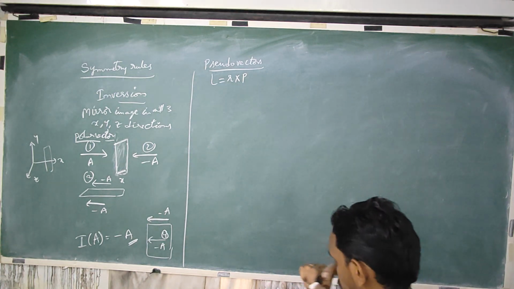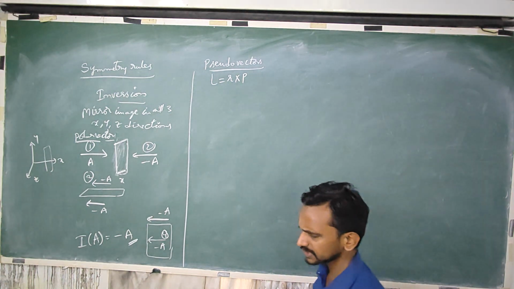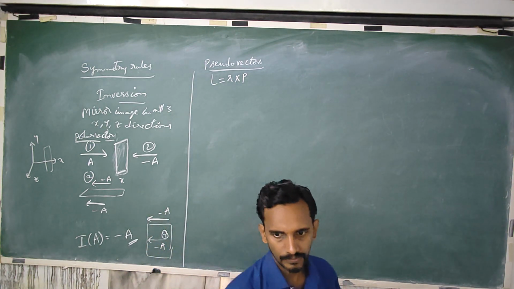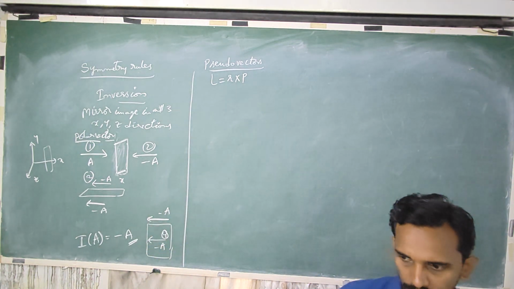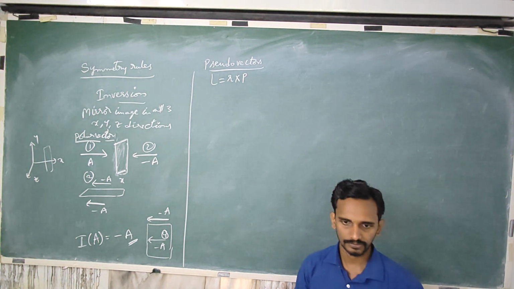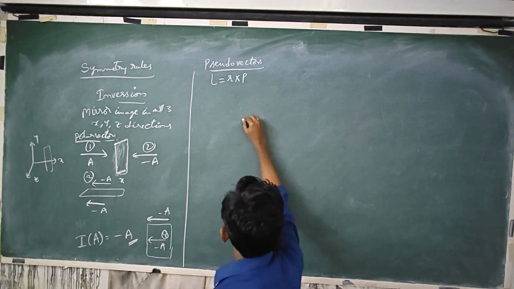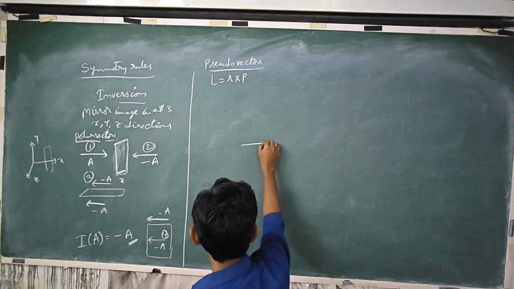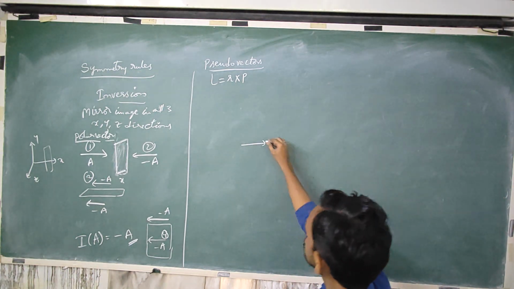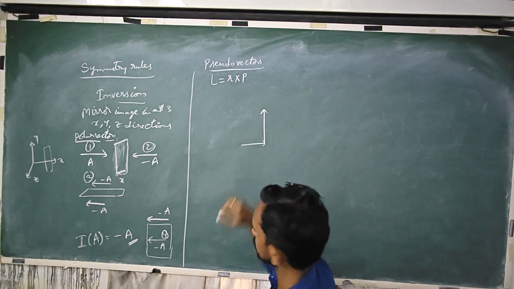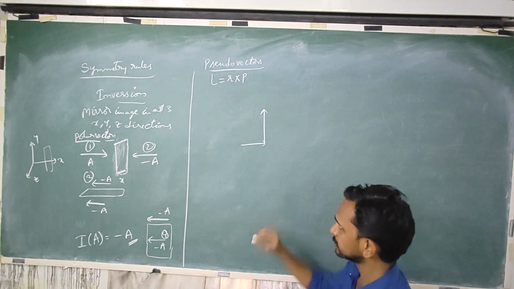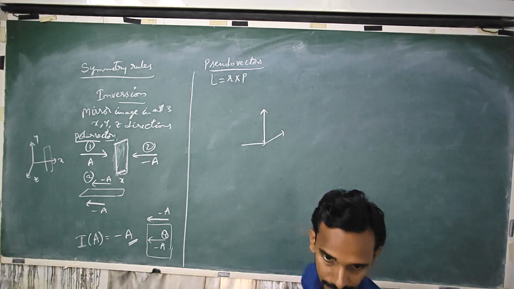Now, let's consider circular motion. How do you bring an object into circular motion? We have to apply two perpendicular forces on the object. Let's say the object is moving in this direction. Apply a force perpendicular to this. If you pull it in this direction, what happens? It moves diagonal to this, in this direction.